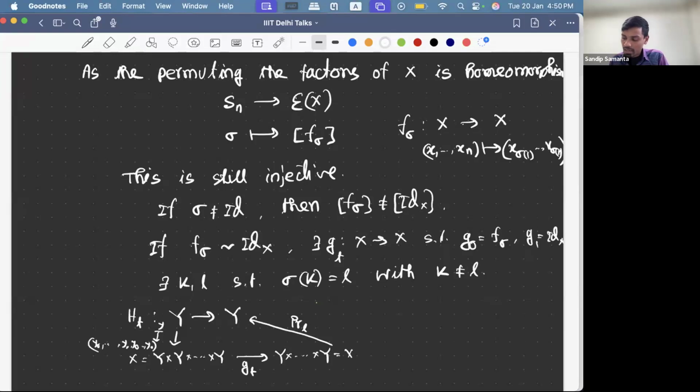If I do, then at the 0th level I get the identity map, and at the 1st level GT is the identity map, so y is still in the kth place, and when projected to the lth place I get y0 because k is not equal to l. So this map says that H0 is the identity map on y, and H1 is the constant map y0.